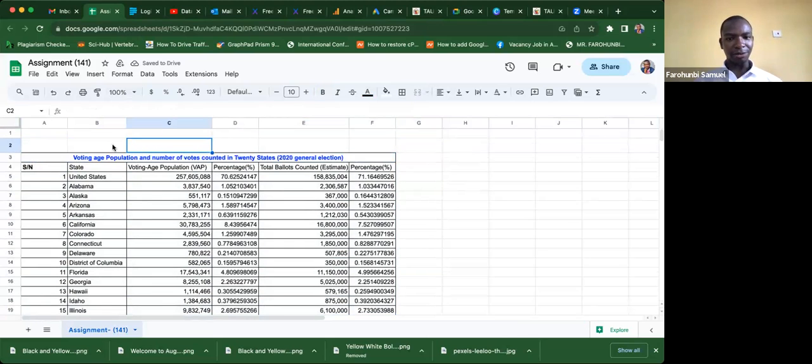So when you create a row up here, like I have done, what I did is to move this table down, and then you now put the heading of what you are doing.